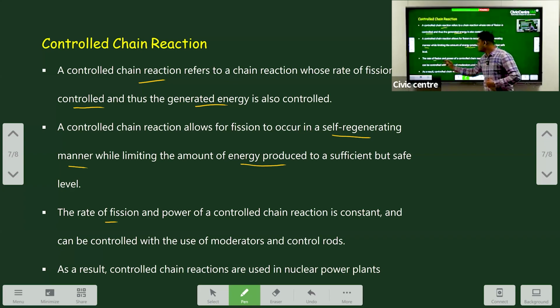So the rate of fission and the power of the controlled chain reaction is constant and can be controlled with the use of moderators and also control rods. As a result, the controlled chain reactions are used in nuclear power plants, whereas the uncontrolled chain reactions are used in nuclear bombs.